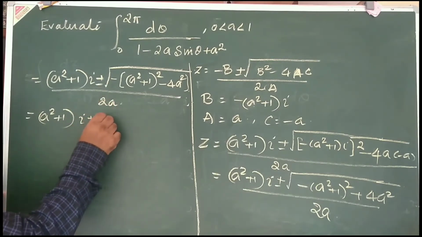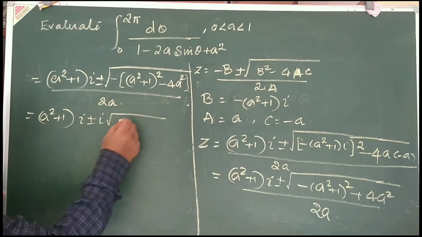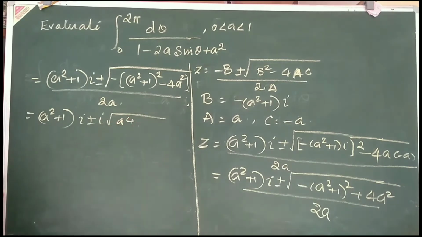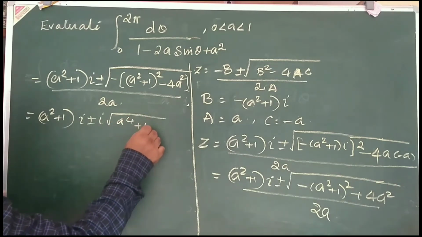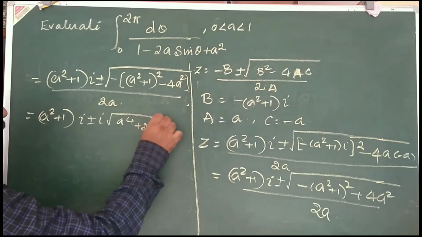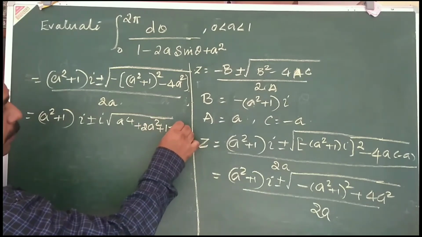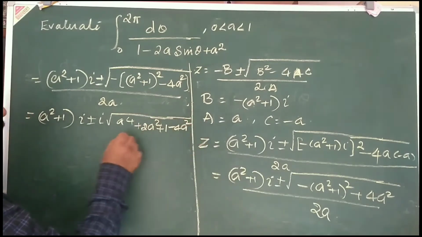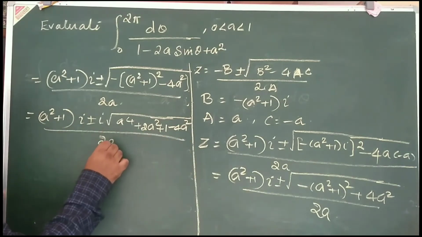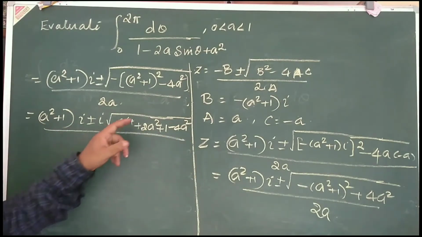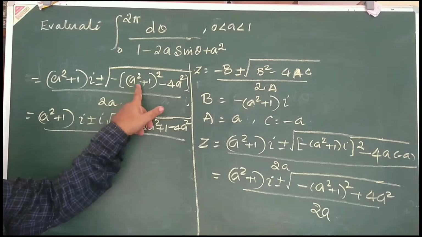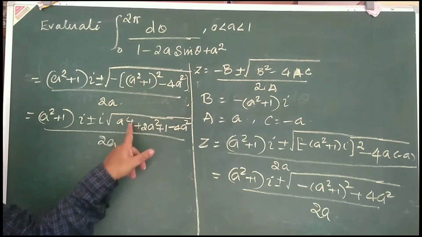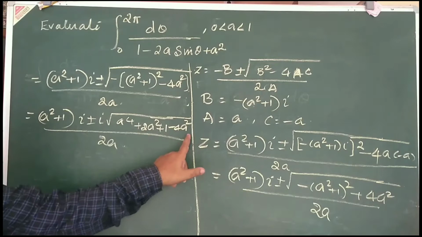So that is a raised to 4 plus 2a square plus 1 minus 4a square, whole divided by 2a. What is the expansion? This is a plus b the whole square, that is a square plus 2ab plus b square, minus 4a square.